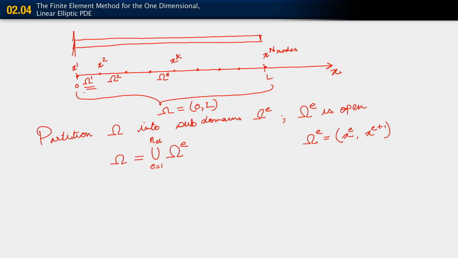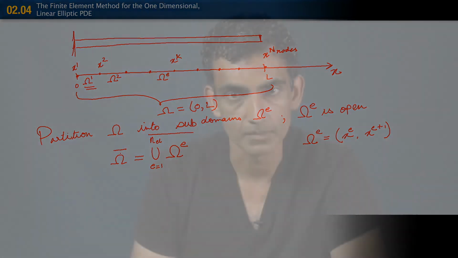Because each of these omega E's is an open interval, and because we would miss out the inter-element nodes if we just went with this union, we need to apply closure to this union, and say that once we close that union, we also have a closure of our open interval. This way we're making sure that we are not missing any points.